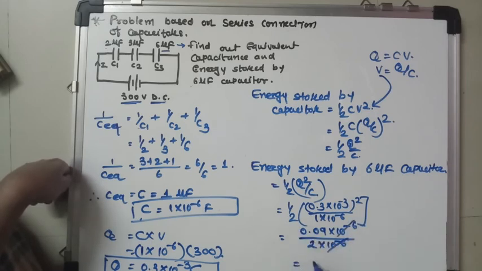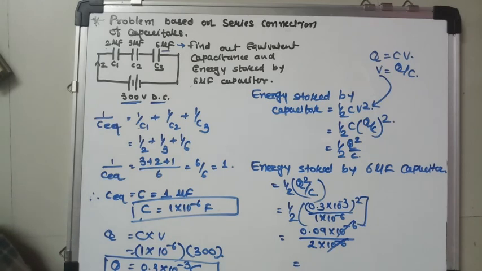So finally we will get 0.09 divided by 2, that is 0.045 joule, which is stored by the 6 microfarad capacitor. That is the answer. So this way you can solve any example based on the series connection of capacitors, and you can find the energy stored by any of the capacitors by applying this formula. Thank you.